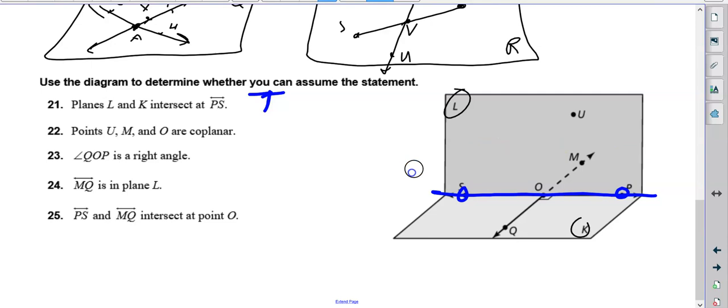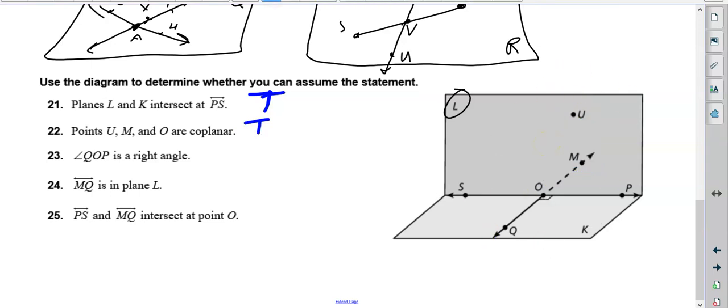Let's find U, M, and O. So here's U, which is on plane L, M, which is on plane L, and O, which is on PS, the intersecting line, which means O is actually on both planes. But by looking at this, U, M, and O are all on there, so that's true.